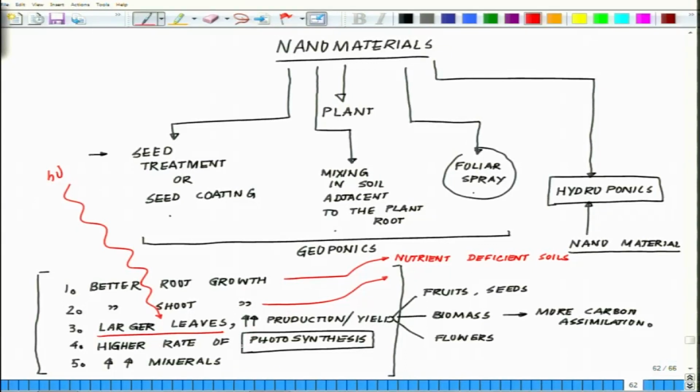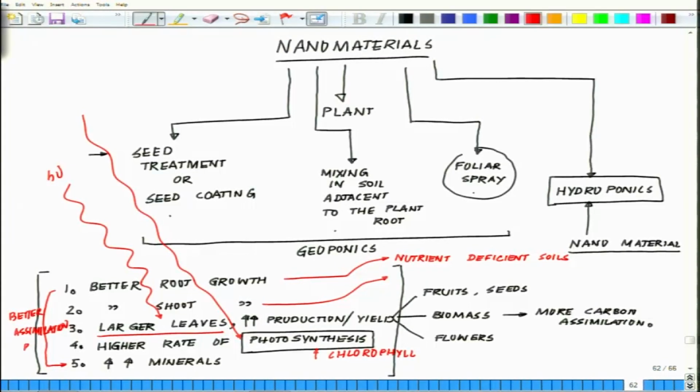Of course, a higher rate of photosynthesis, which means higher chlorophyll, and then higher mineral content, because this is a better root and better assimilation power.